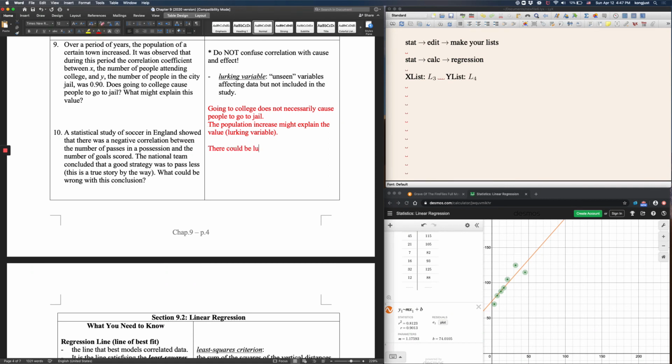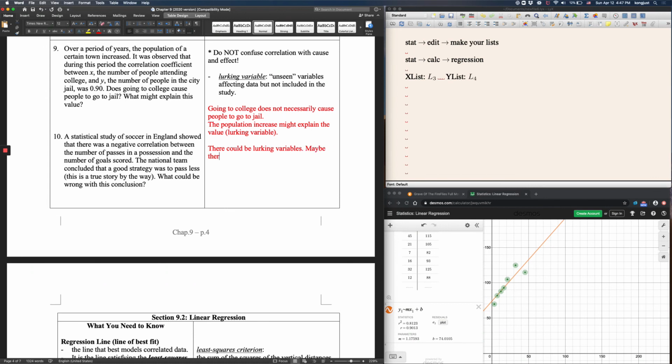And you could just think of a number of things that might be the lurking variable. Maybe there are many more possessions in general.